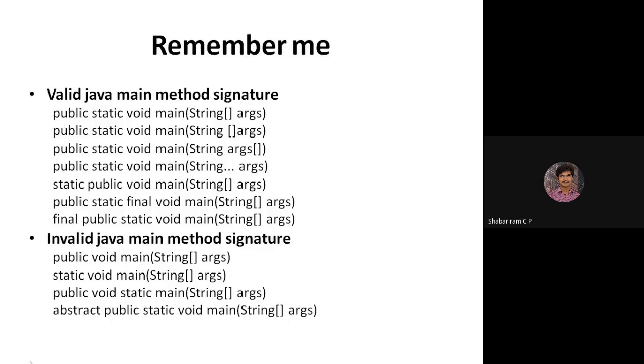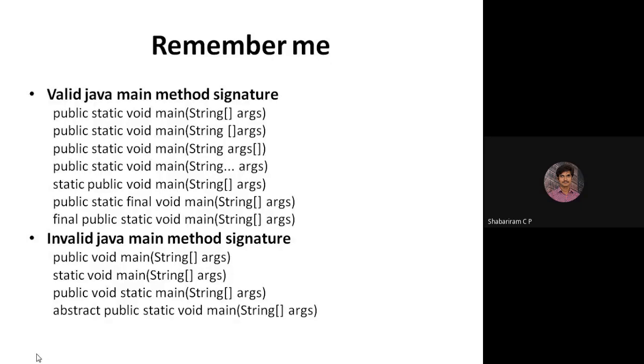So if you are excluding public, it means that your function is going to be like a private. If it is private, we cannot access it from outside of the class. If we want to access a data member and method outside the class, the access modifier must be public. Okay, why am I treating static void main as private?